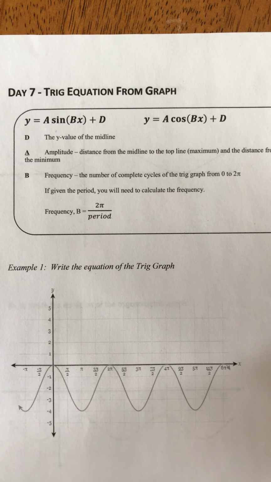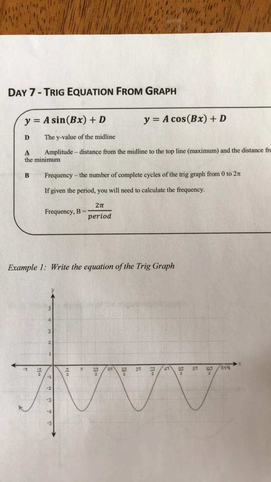A little crooked there in the middle. And it is a line of y value. Y equals, what is the y value right here? It's negative 2. So, y equals negative 2 is the equation of the midline, and that negative 2 is my D value in the equation. The next thing I need to calculate is the amplitude.